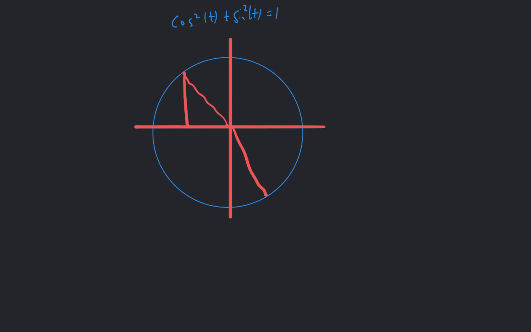If we go below, we can connect the line there, or drop the line down there. There are many ways to draw the triangles within the unit circle, and the x value is going to be the cosine value, and the y value is going to be the sine.